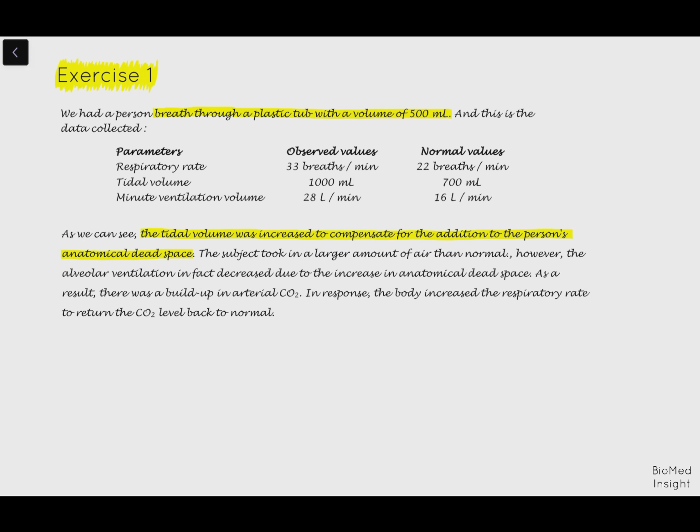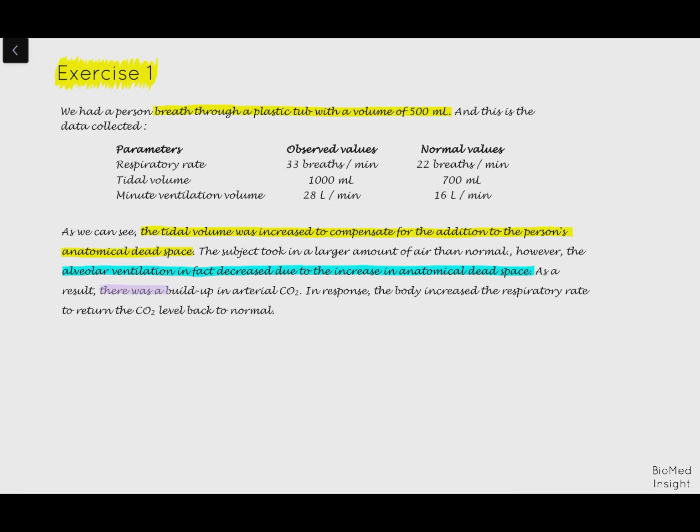The subject took in a larger amount of air. However, the alveolar ventilation in fact decreased due to the increase in anatomical dead space. As a result, there was a build-up in arterial carbon dioxide. In response, the body increases the respiratory rate to return the CO2 levels back to normal.